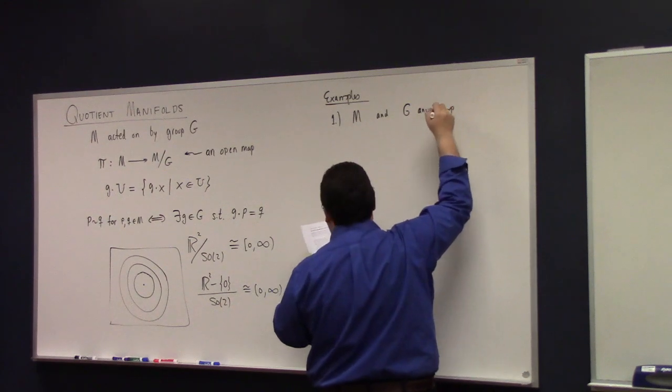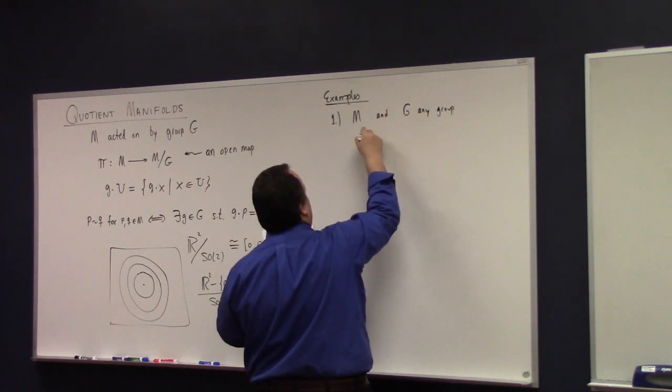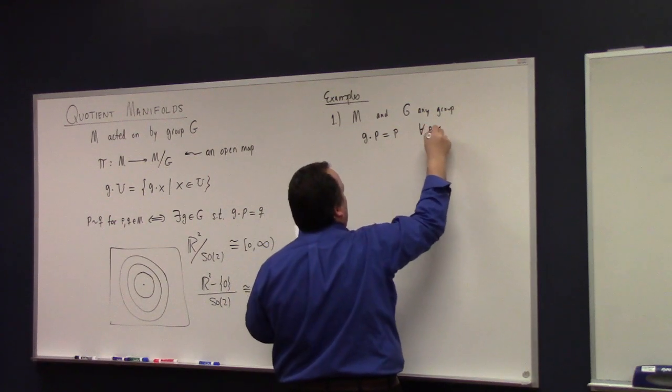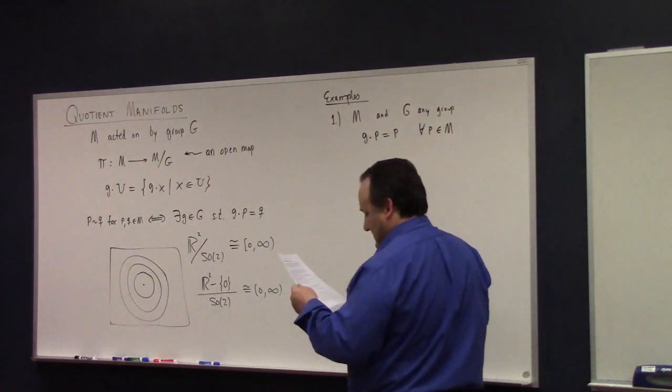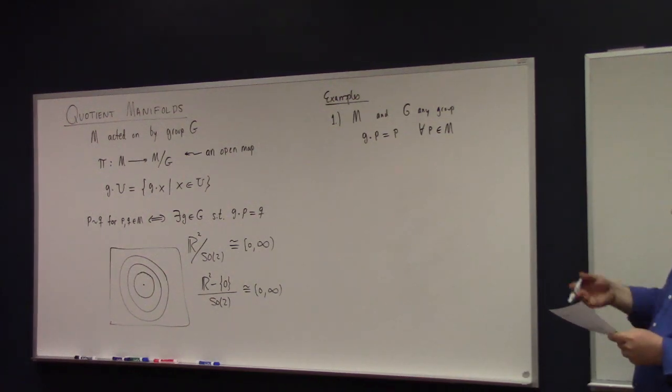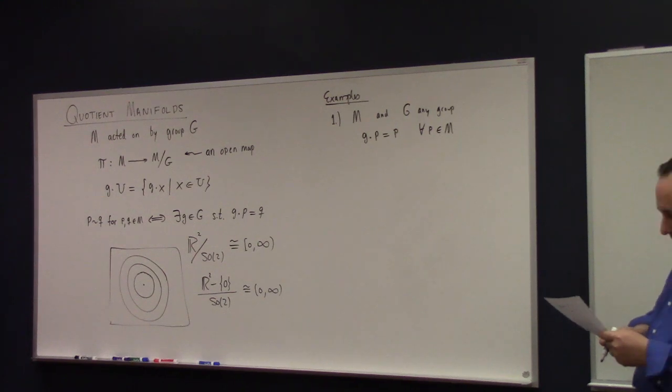Here's the definition: G dot P equals P for all P in M. Define the group acting on the manifold by this very stupid rule. It will satisfy the axioms.